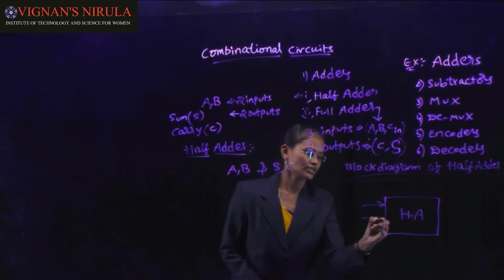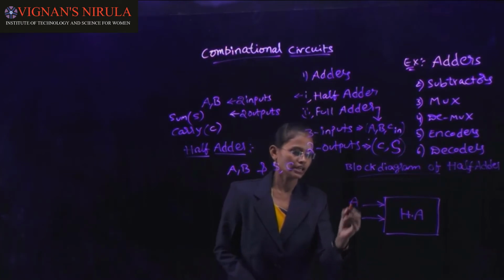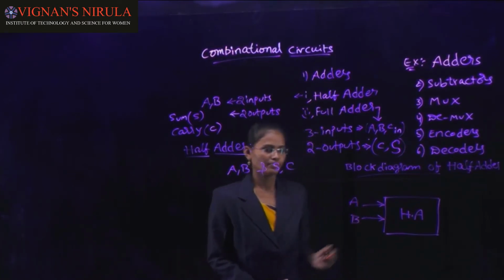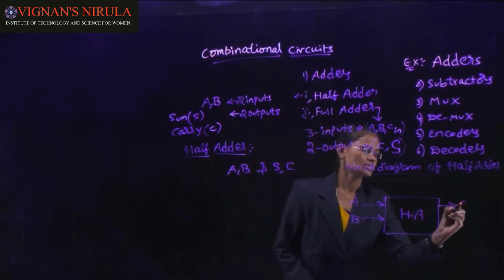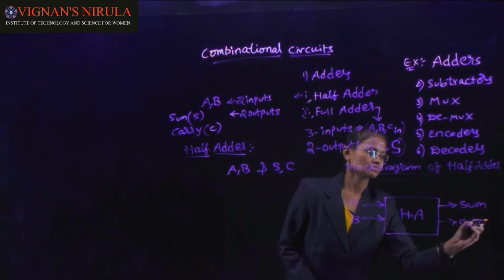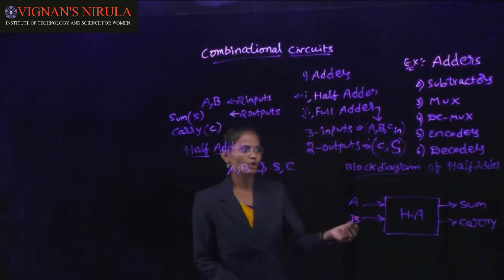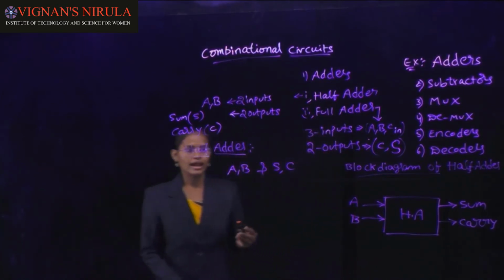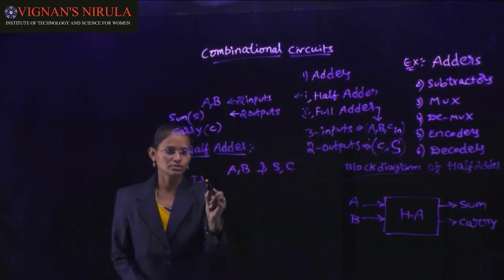We are using two inputs, A and B, and the outputs are sum and carry. This is the block diagram of the half adder.